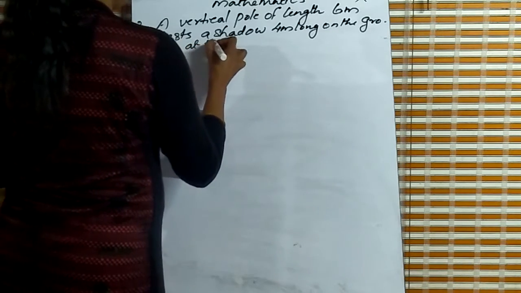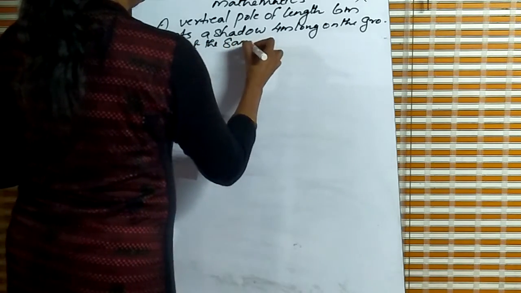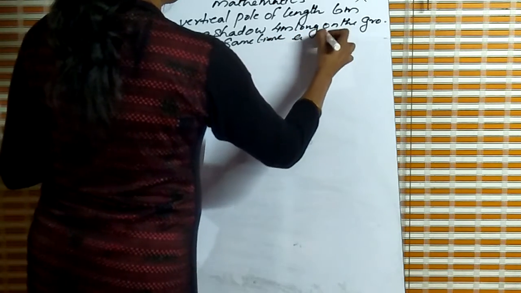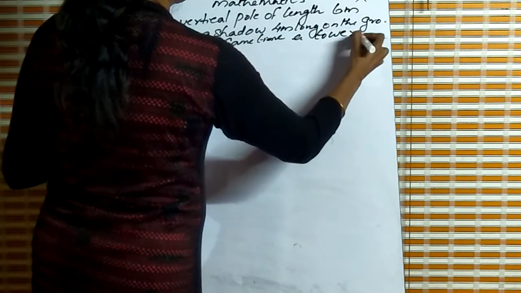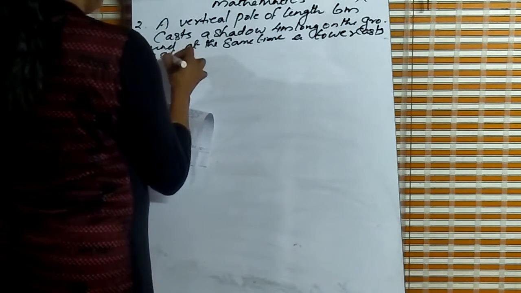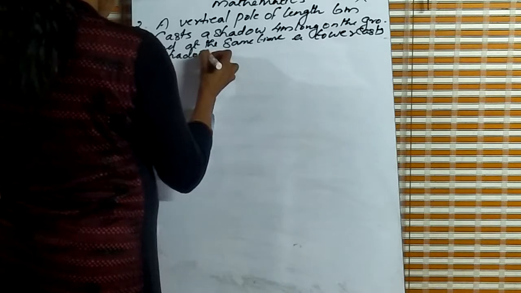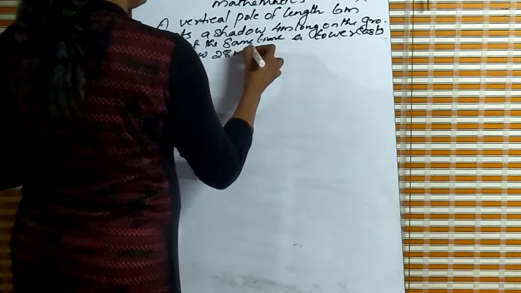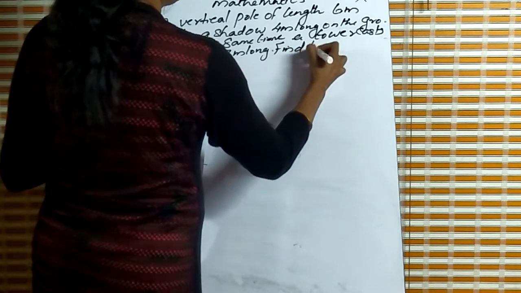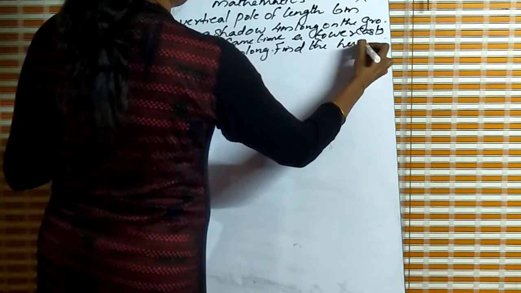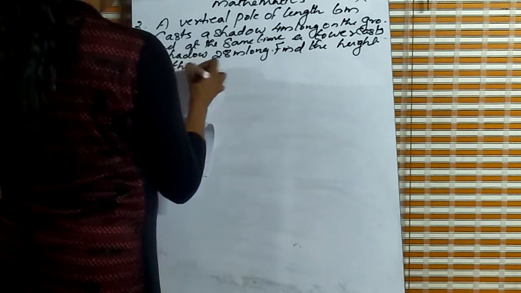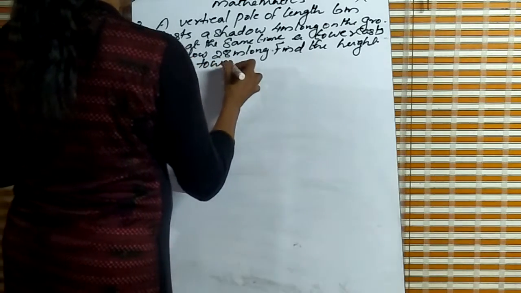At the same time, a tower casts a shadow 28 meter long. Find the height of the tower.